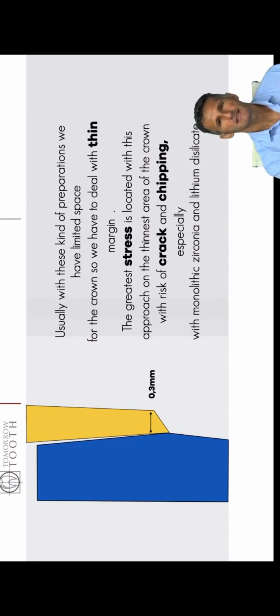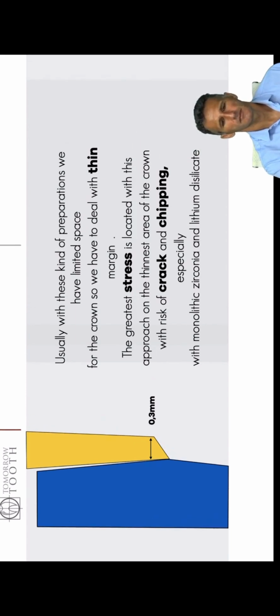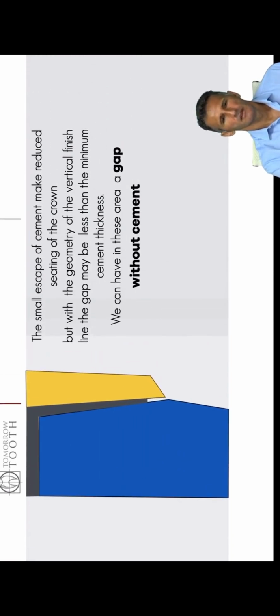And the problem is that, our margin in this area being 0.2, 0.3 millimeters, it's very easy to experience a crack and chipping, especially when you work with monolithic zirconia crown or lithium disilicate. Another problem, the small escape again.